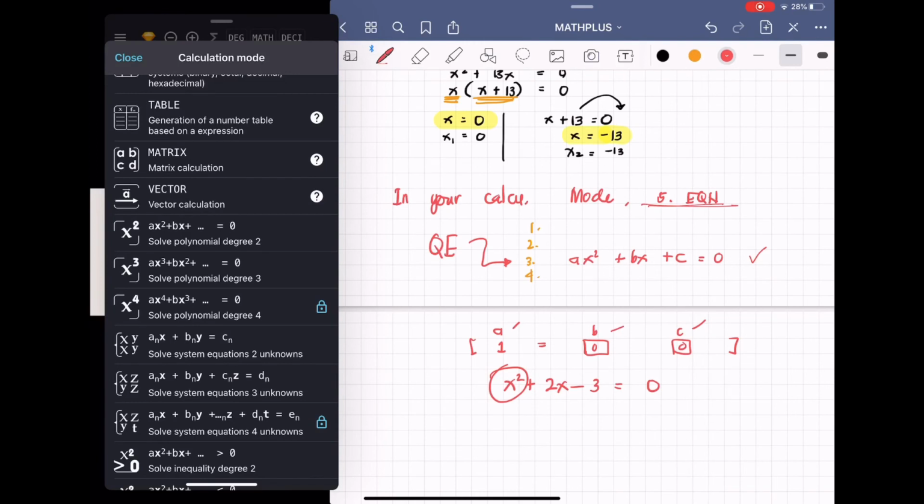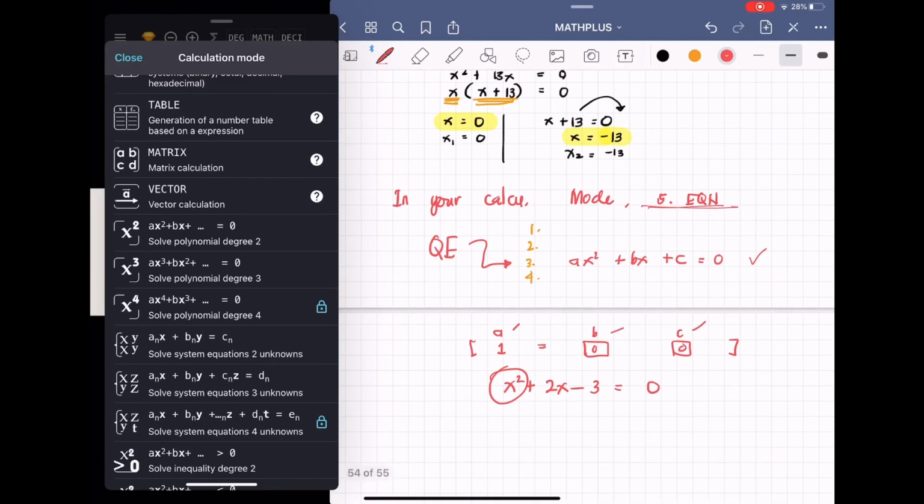For the b constant, that would be 2, which is your linear term. So you press 2 here, and after that you press equals again. And for the constant, we press negative 3 for the last cell because this is negative in sign. After pressing negative 3, you press equals.